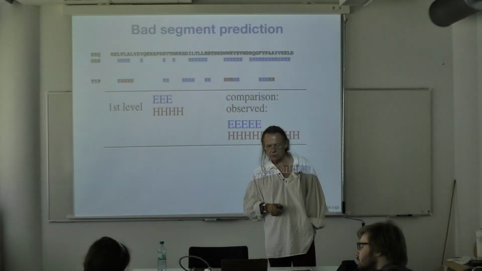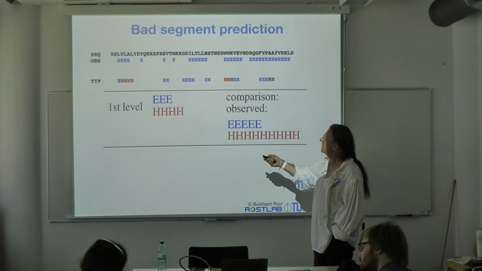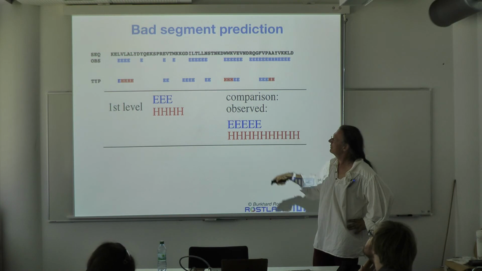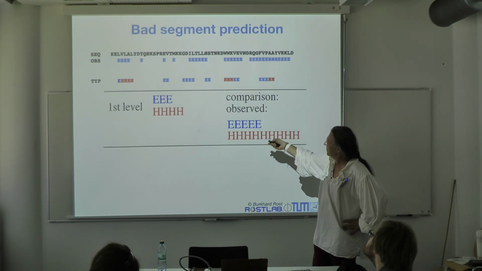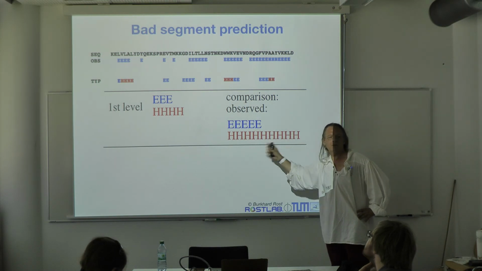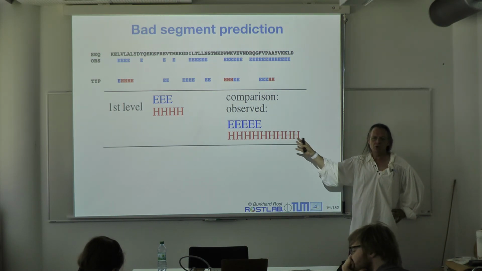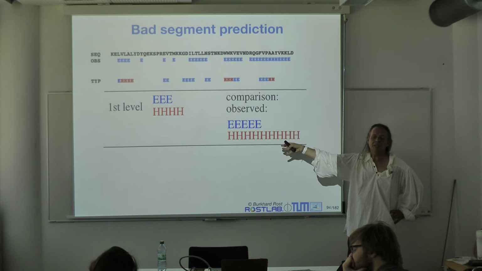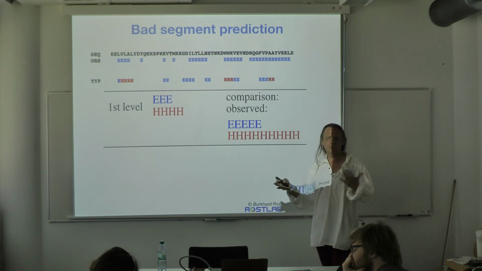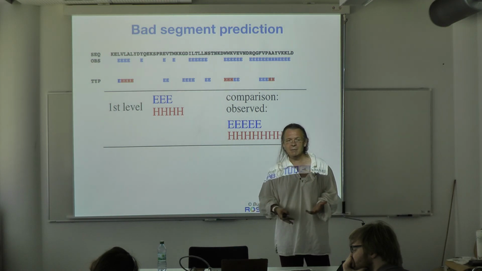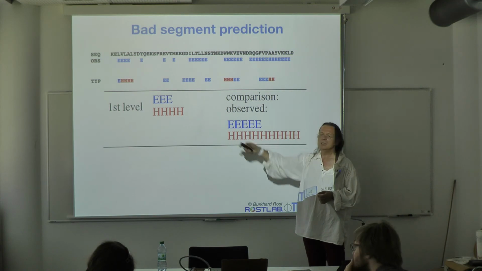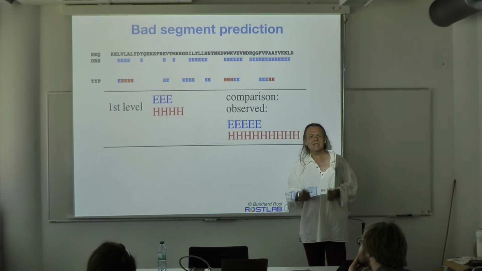The network that I showed you before predicts alpha helices of 4 residues on average and beta strands of 3, as opposed to observed beta strands of about 5 and alpha helices of about 11. So the method that I showed you so far, the one that is balanced, which does beta strands better, or the one that is imbalanced, which does the non-regular class better, both do not get the segments right. Why is that the case?